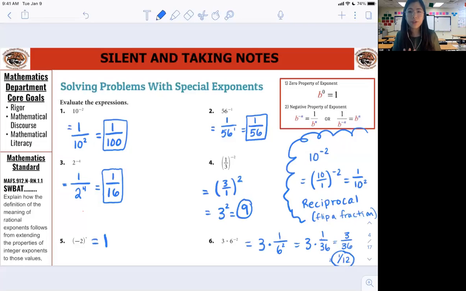So that one was a little bit trickier just because you had to do 2 operations. But remember, anytime you have more than 1 operation, you're going to follow PEMDAS, always. How do we feel? Questions, comments, confusions, concerns? Okay.